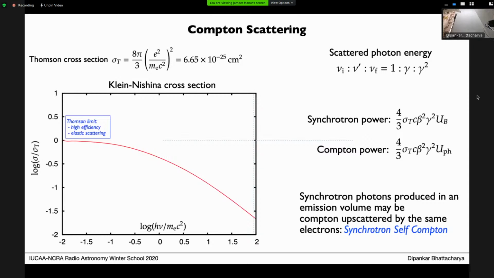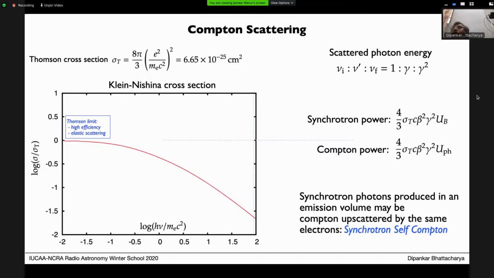So now if you take that photon, which is now moving in the direction in which the electron was moving, and then transform that frequency back to the lab frame, then it picks up another factor of gamma. So between nu prime to nu f is another factor of gamma.